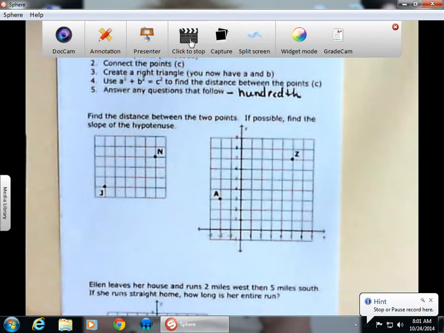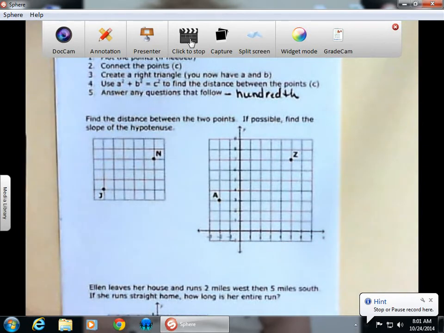Alright, we're going to find the distance between these 2 points, and then if possible we're going to find the slope of the hypotenuse.